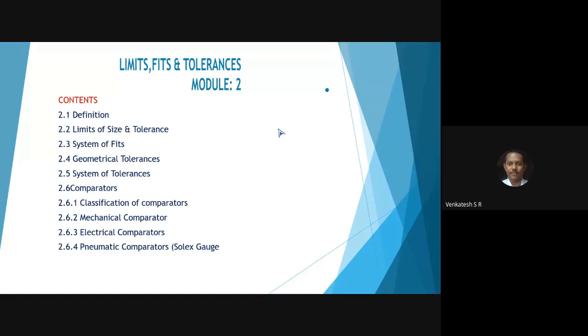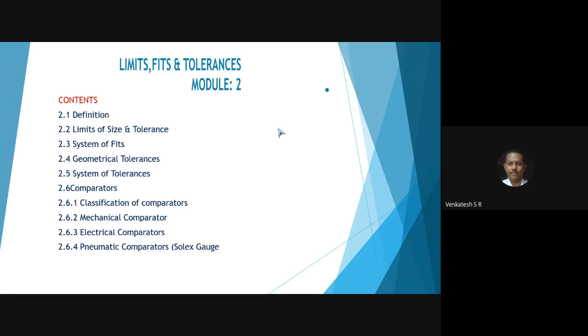Explain briefly limits and tolerances with suitable example. Mark it.